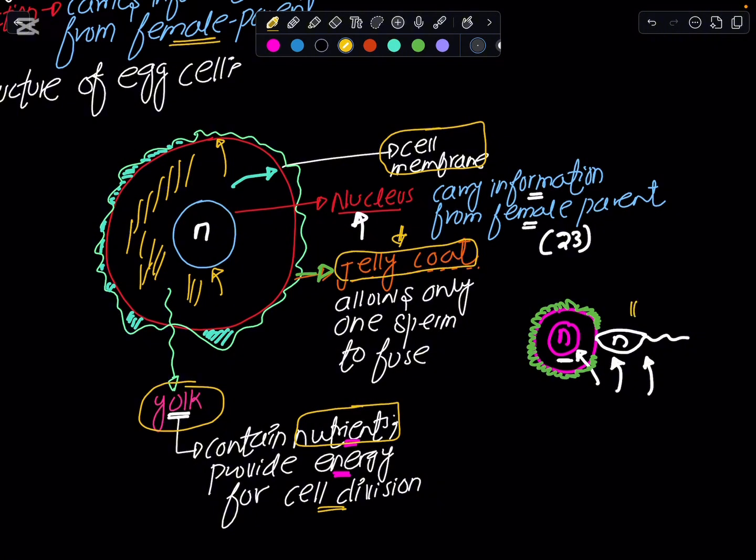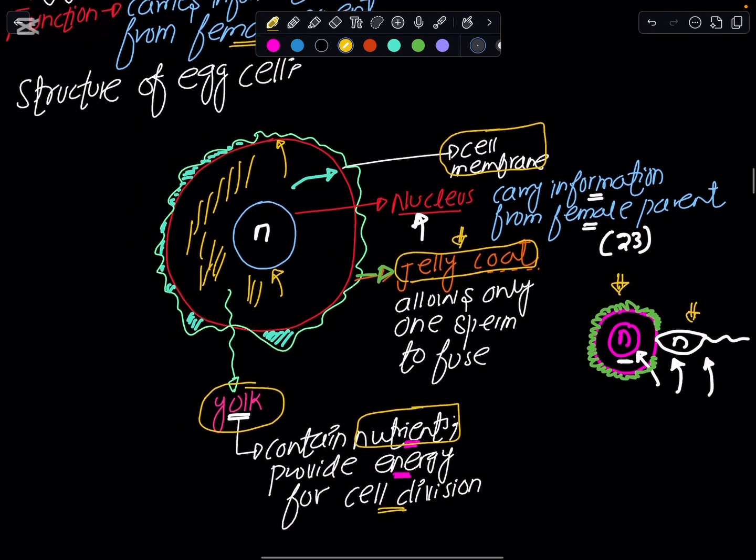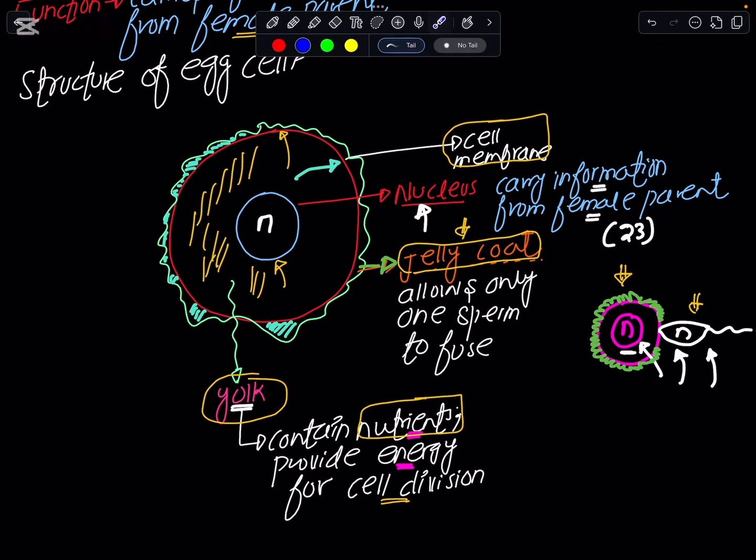Soon after the sperm cell fuses with the egg cell, it is going to undergo mitotic divisions initially. Those mitotic divisions require energy, and that energy comes from the yolk in the egg cell. So for the egg cell, what we need to know is that it has the haploid nucleus that carries the genetic information from the female parent, and then we have this jelly coat.